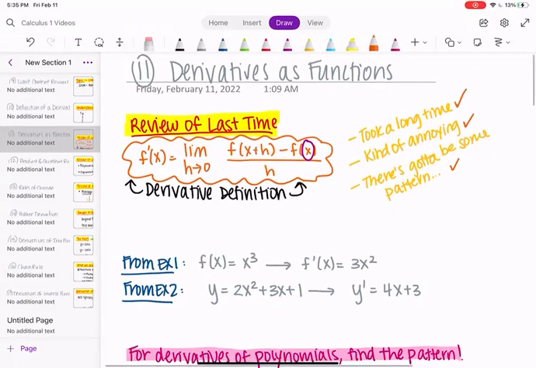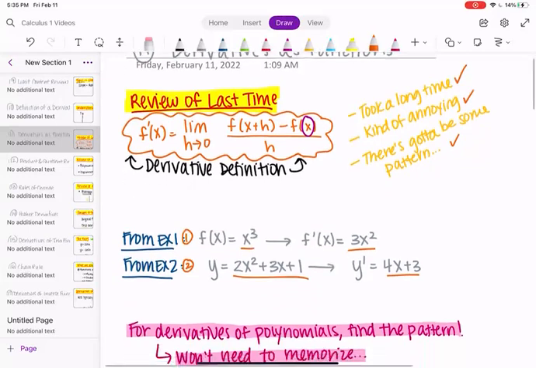So these are the two examples that we did last time. The first one was finding the derivative of x cubed, and that returned 3x squared. So here's the function, here's the derivative. And then the next function we did was 2x squared plus 3x plus 1, and here's the derivative we returned. I'll spoil it: there definitely is a pattern.